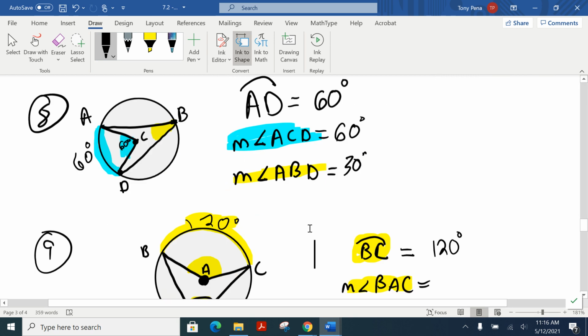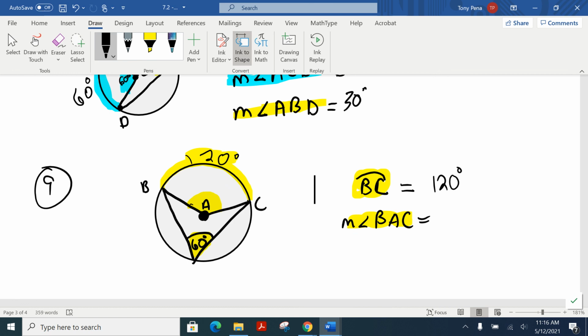So if we go back to that problem, this is our central angle. Look at the arc that it intersects. So when I draw this out, here's an intersection with the circle. Here's the other one. So if this arc is 120 degrees, what that rule is, these should have the same degree measure. Okay, so that one would be 120 degrees.